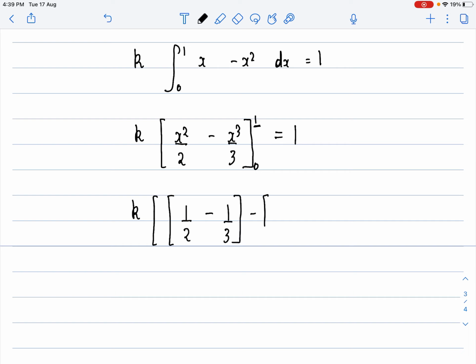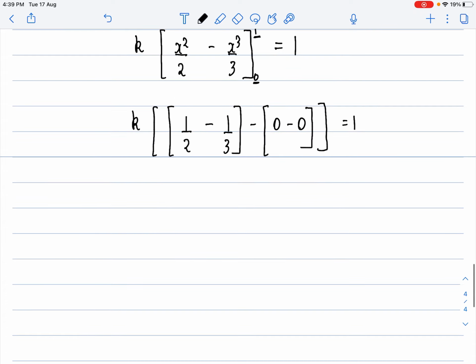Minus, then I put the value of 0 in the place of x. So I get 0 minus 0, correct? Is what I get, and I equate this to 1. Now I can write this as k into, now on the calculator, you can simply do 1 over 2 minus 1 over 3, which gives you 1 over 6 minus 0, which is equal to 1.